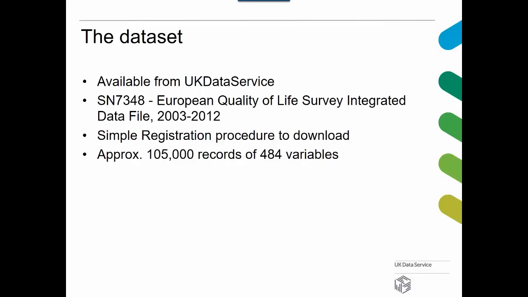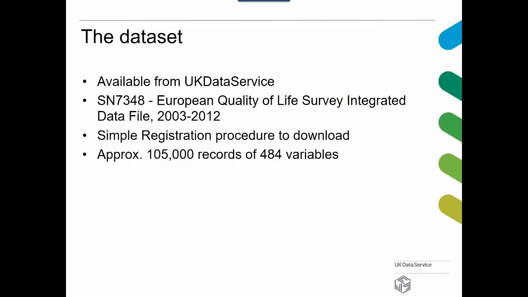It's got approximately 105,000 records with 484 variables. It's a survey that has been carried out every 4 years since 2003, and it collects data on a range of issues such as employment, family life, home life balance, and so on. You can download it from the UK Data Service website.